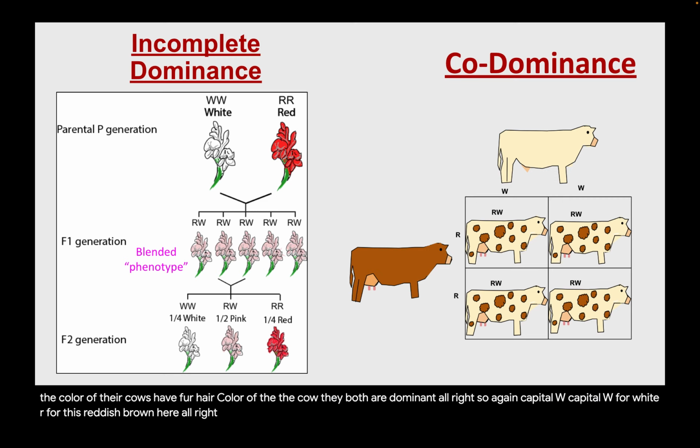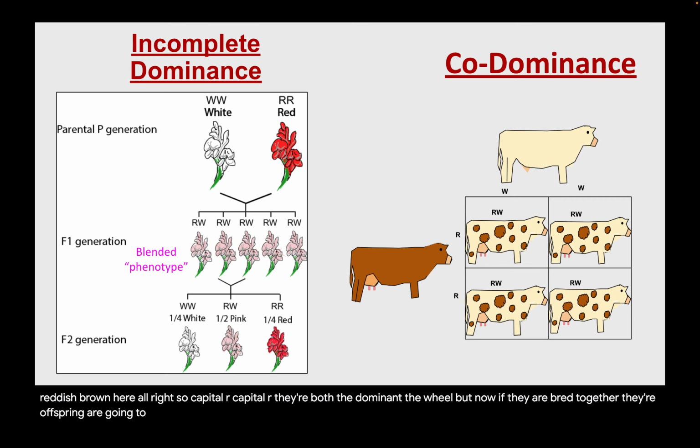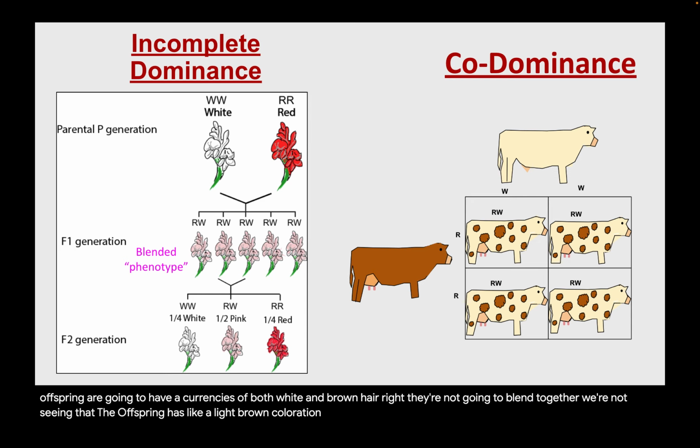They're both the dominant allele. But now, if they are bred together, their offspring are going to have occurrences of both white and brown hair. They're not going to blend together. We're not seeing that the offspring has a light brown coloration to them. Rather, we're seeing patches that are occurring in white, patches that are occurring in brown.